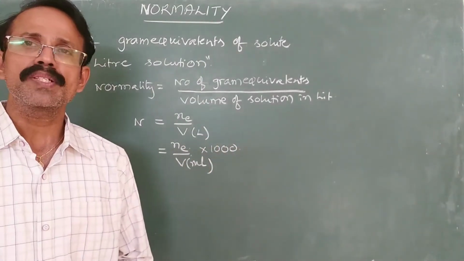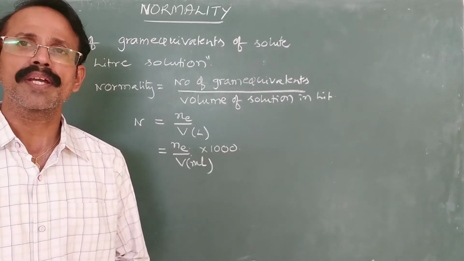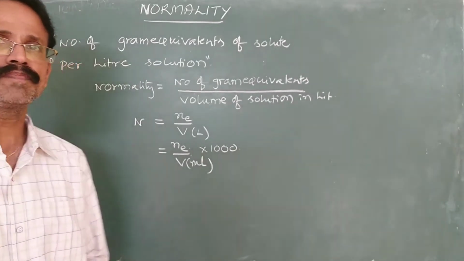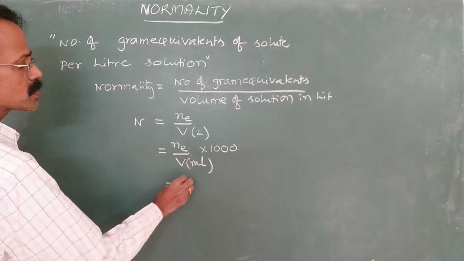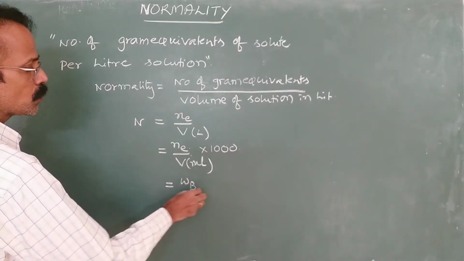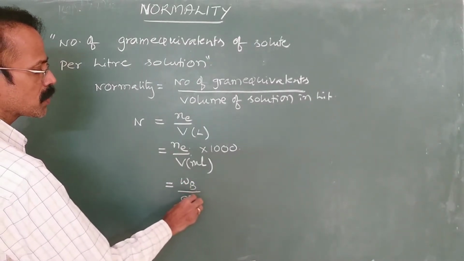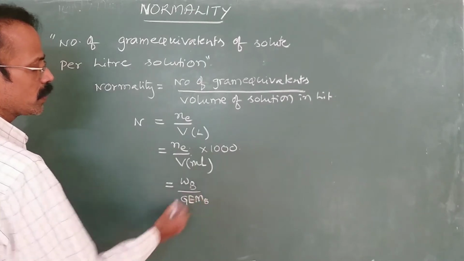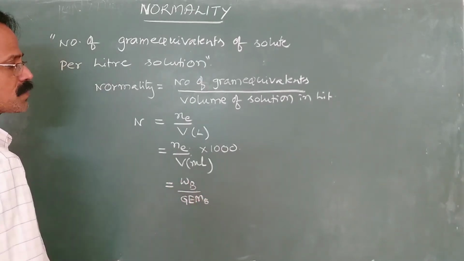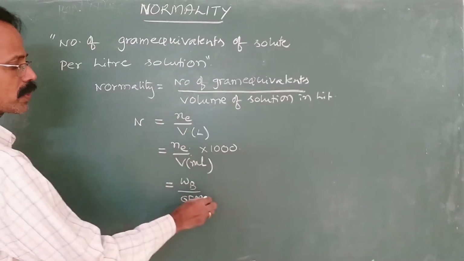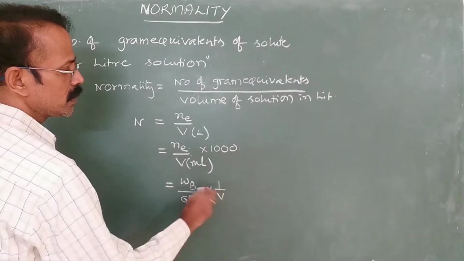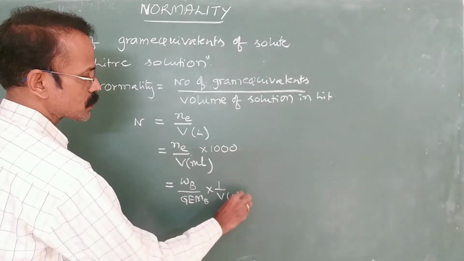If the number of equivalents of solute is not given but mass is given, then divide the mass of solute by the gram equivalent mass of solute. Mass by gram equivalent mass of solute will give the number of equivalents, into 1 by V, the volume of the solution in liters.